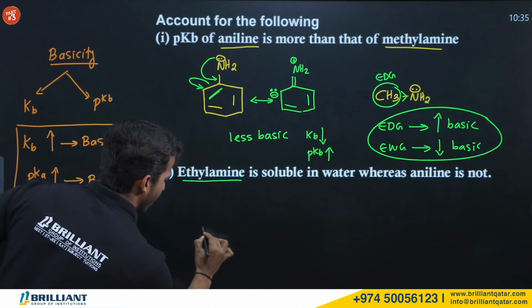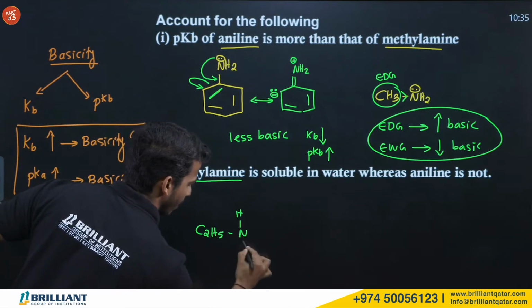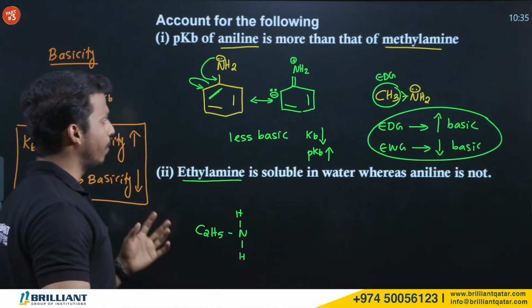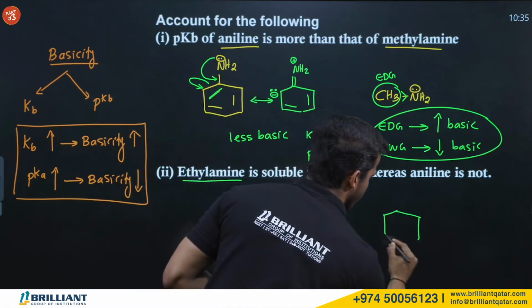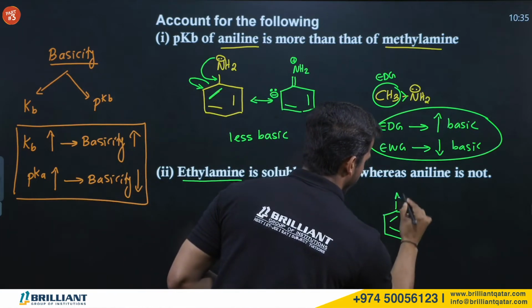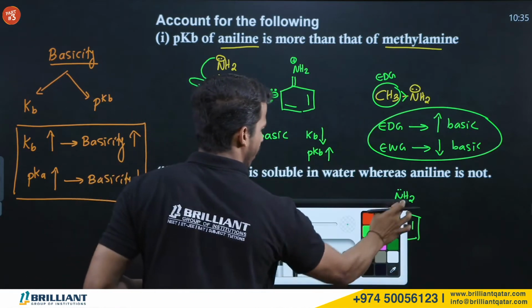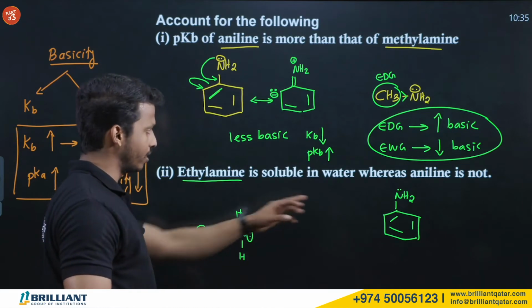Second question. Ethylamine. What is ethylamine? Let me just write C2H5NH2. Correct? I am just writing this. C2H5NH2 is soluble in water, whereas aniline is not. Aniline, you know what aniline is? Benzene with NH2 again. It is not due to resonance. Dear all, here when you consider, this is ethylamine C2H5NH2 and this is aniline.